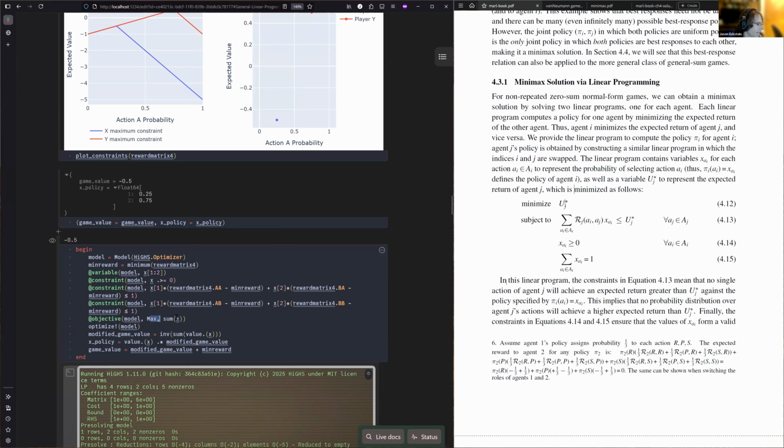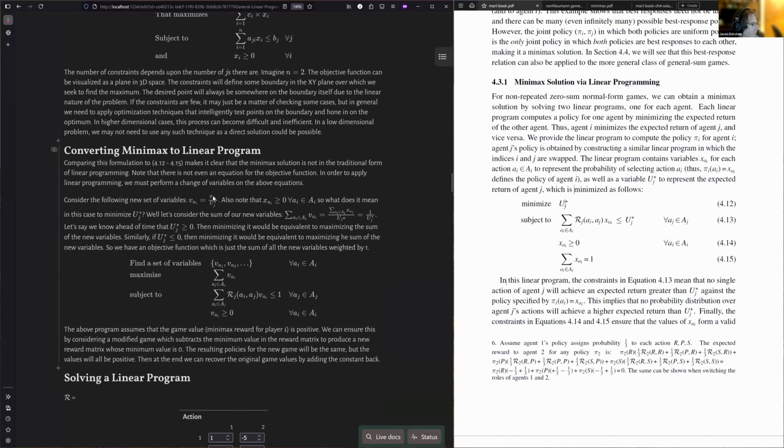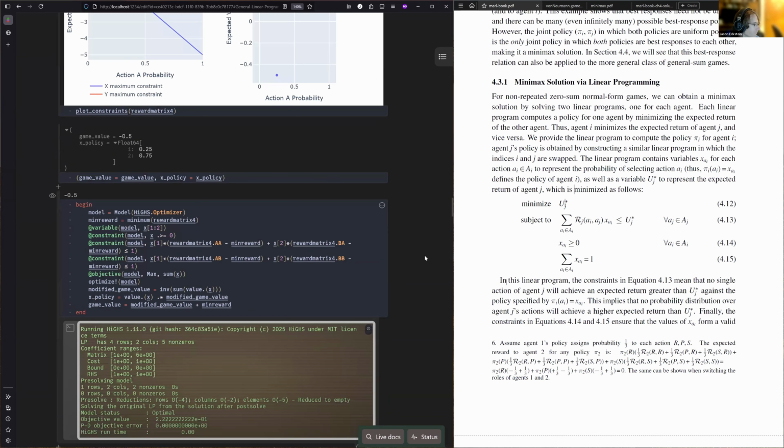And then the objective is to maximize the sum of x, where all the x's are positive. And then at the end, you can get the game value by inverting the sum of x, and the x policy will be, right, if we look at the change of variables, we can get back to policy values by just taking the game value and multiplying it by the V's that we have. So that's what's being done here.